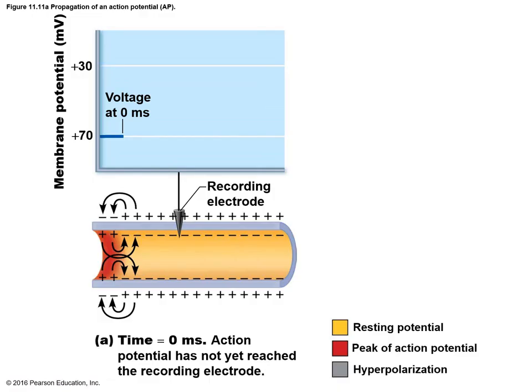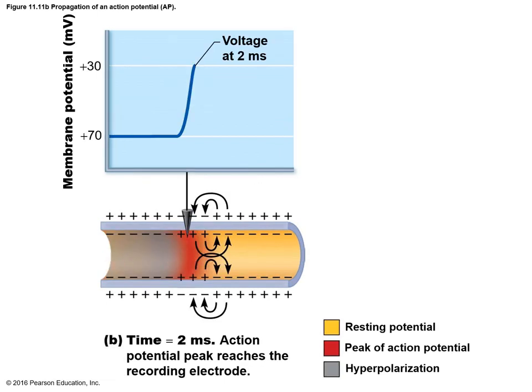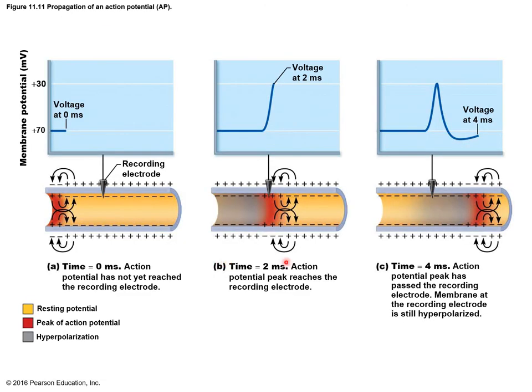And you'll see in a moment that it moves faster in a myelinated axon than unmyelinated. So this is just where you can record the voltage. You have your stimulus here, and you just watch as it proceeds down the length of the axon.